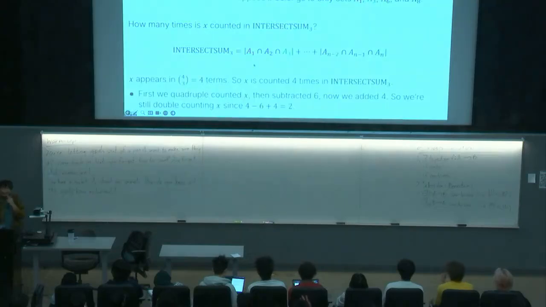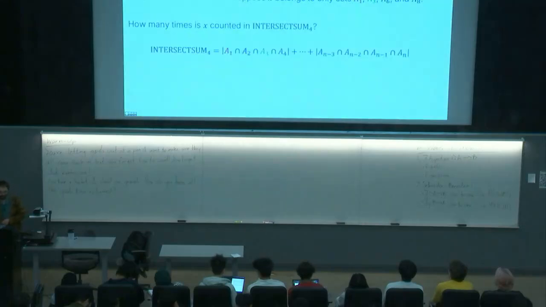Indeed. And so it belongs to exactly 4 sets, because there's 4 different ways to leave out one of the items, or 4 different ways to pick 3 of them. So x is counted 4 times in intersect sum 3. So we started with 4, then we subtracted 6, then we added 4. So we're still double counting x. Any questions about this idea so far, what we're doing?